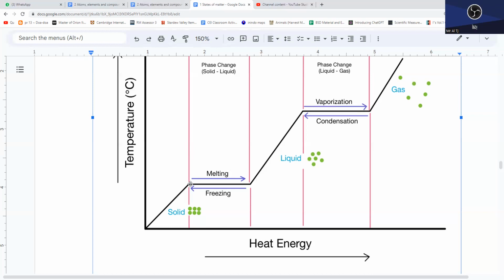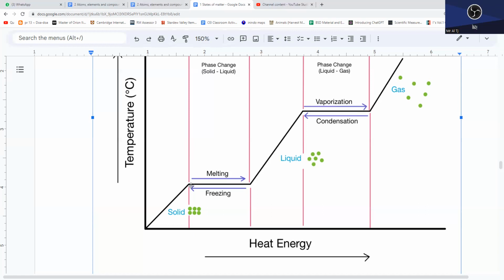So at this temperature, any extra heat energy we give to particles is not going to be used to increase the kinetic energy. Instead, the energy is going to break the solid. So the particles are now still in a group, but no longer having a rigid bond.